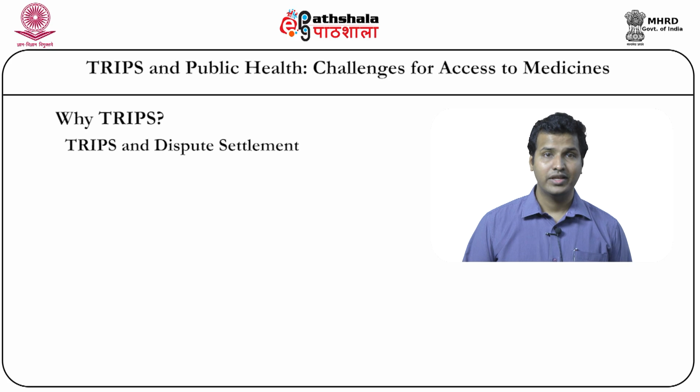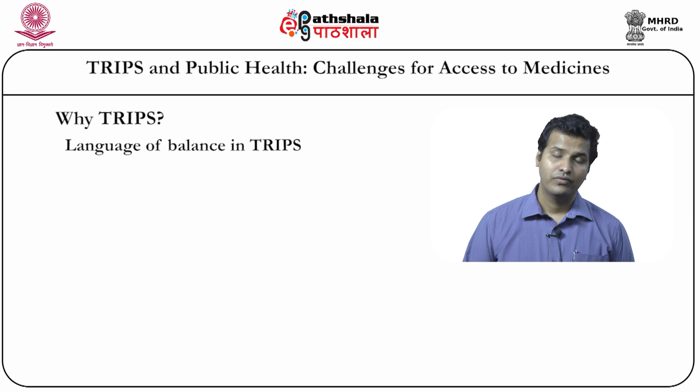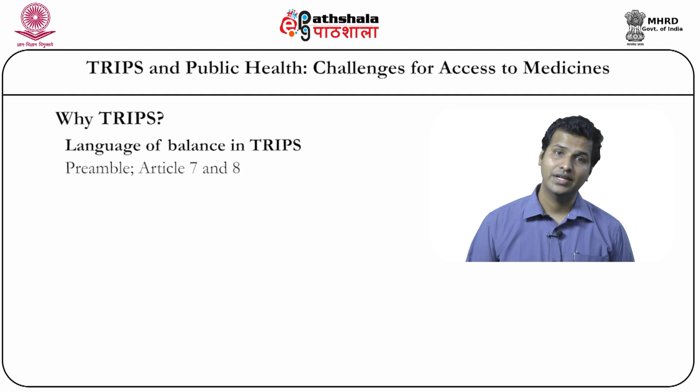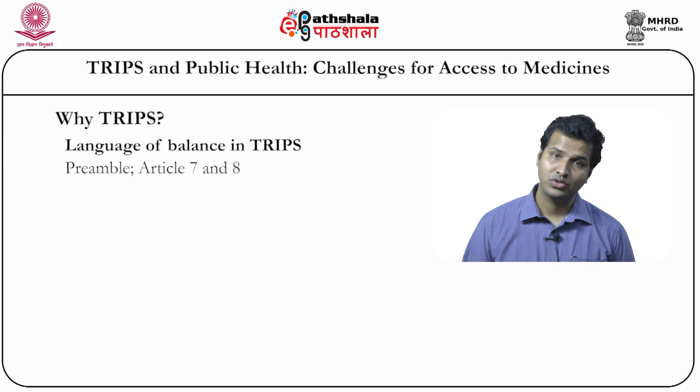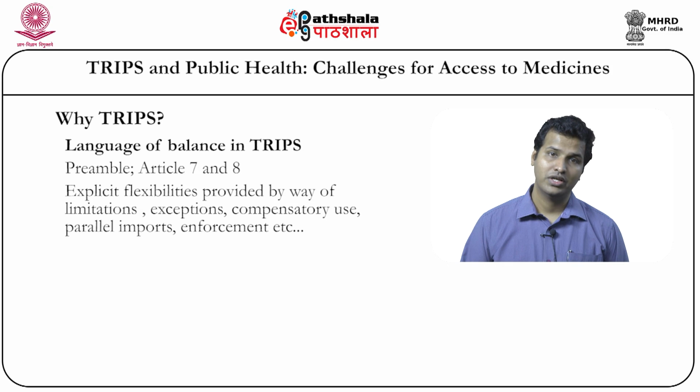Importantly, the TRIPS agreement as a document also uses the language of balance. If you look into the preamble, which talks about balance between protection and enforcement, if you look into Article 7, which talks about balance of rights and obligations, and if you look into Article 8, which allows public interest measures to be adopted by WTO member countries, we can fairly say that TRIPS allows certain kinds of flexibilities to be used by WTO member countries.